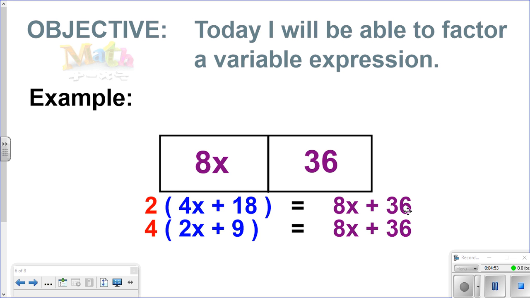There's no difference really in factoring algebraic terms and factoring regular numbers. You can have different factors. So remember your number trees from elementary school, your factor trees.